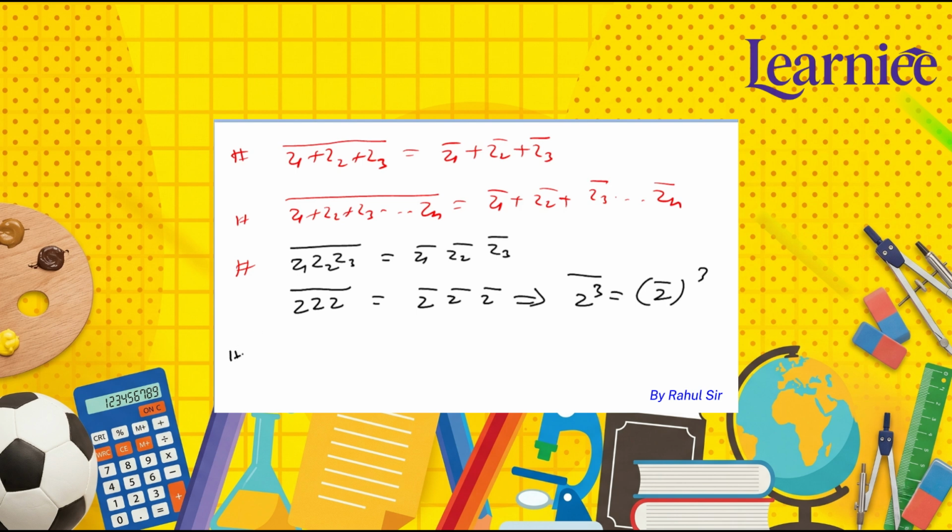Or in general, I can say that the conjugate of z to the power n is equal to the conjugate of z to the power n. So basically, there are n complex numbers multiplied, and the corresponding conjugate of that is nothing but the conjugate of one complex number multiplied n times.